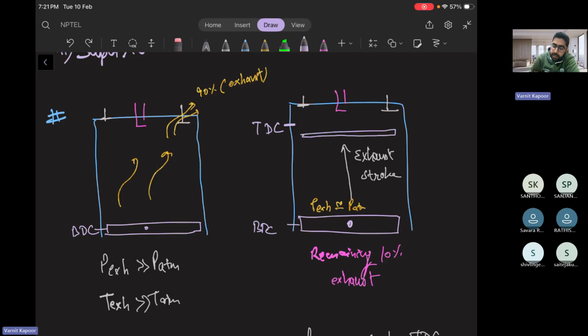Very near to top dead center, we will close the exhaust valve. But there is a reason why. It is because the time for closing of the exhaust valve is more, because of which the temperature and the pressure is higher inside the cylinder.